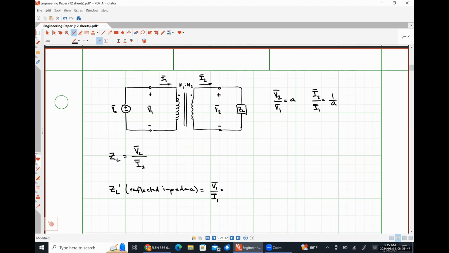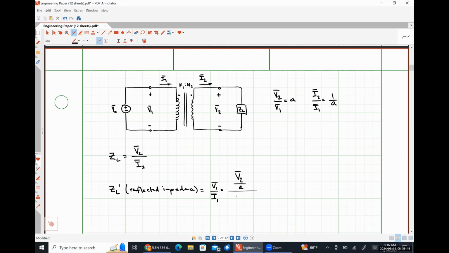So what would V1 be in terms of V2? Go back to your notes from literally 3 minutes ago. V2 divided by A. So we're going to have a V2 over A in my numerator. What's I1 in terms of I2?